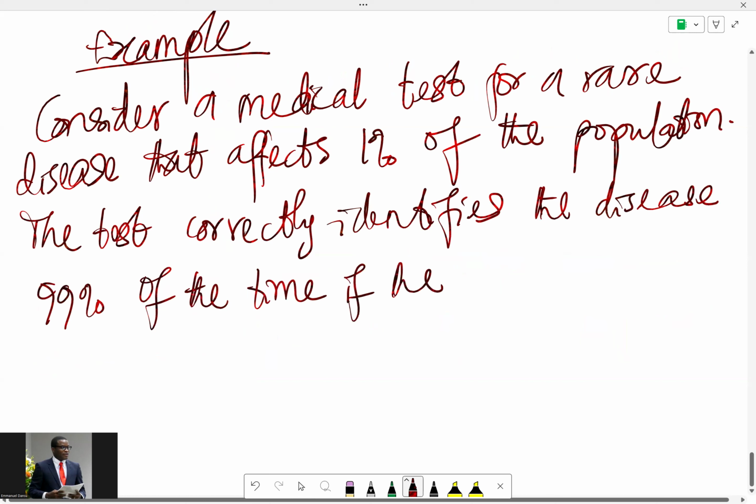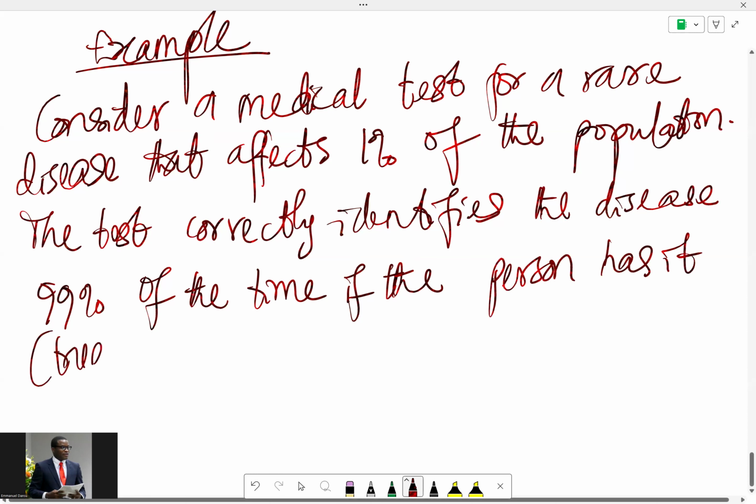You see conditionality there, so 99% of the time, if the person has it. That is the idea of true positive. So it is detected when the person has it. That's the true positive rate.